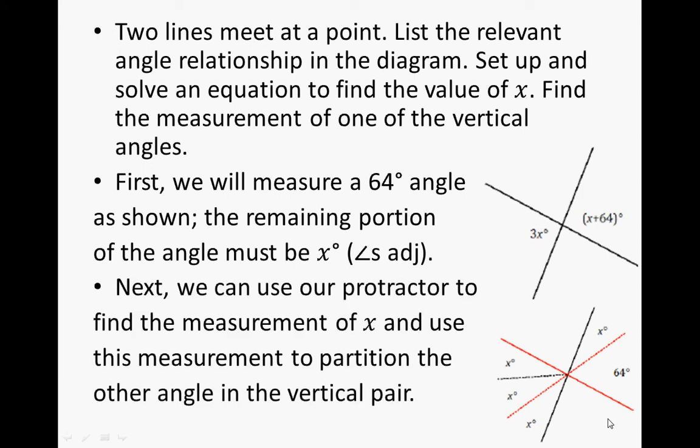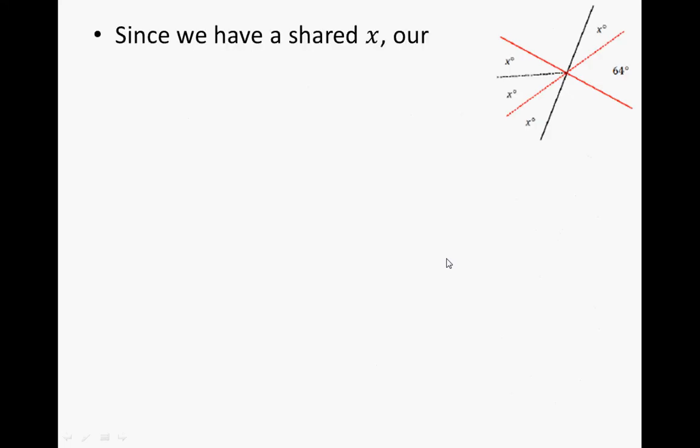And then next we can use our protractor to find the measurement of x, and use this measurement to partition the other angle in the vertical pair. So we can figure out what x is and then partition it. So since we have a shared x, because they're shared on both sides of this vertical angle, our equation can look like this.